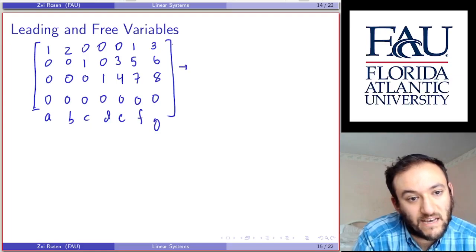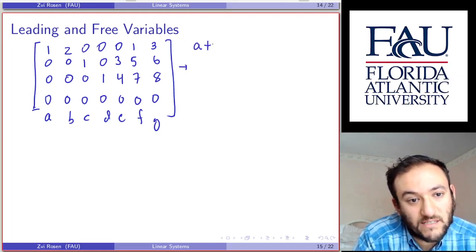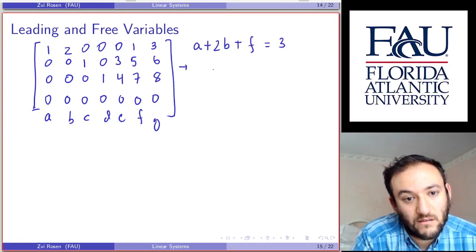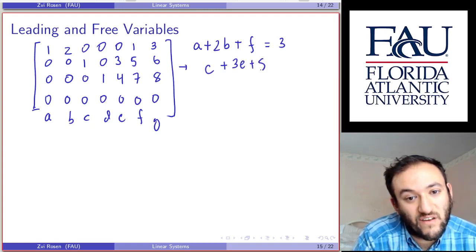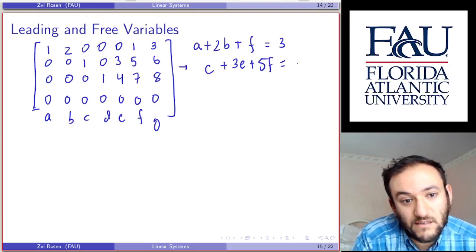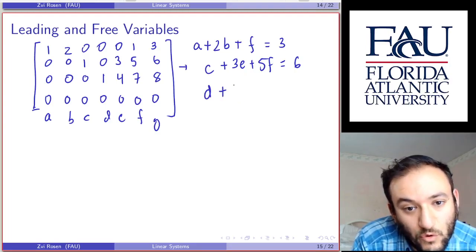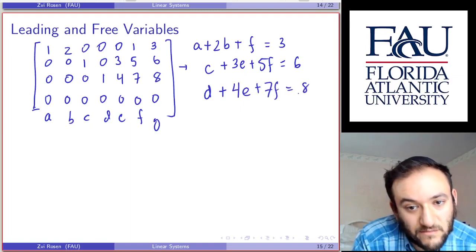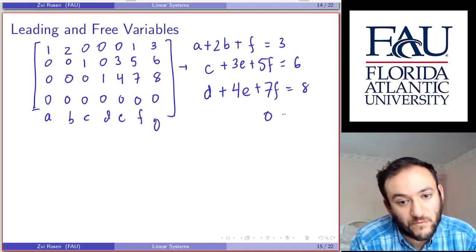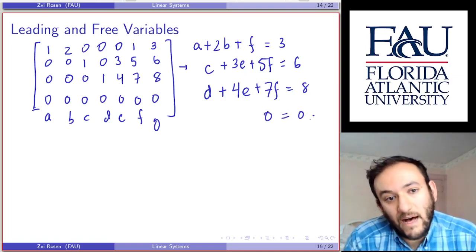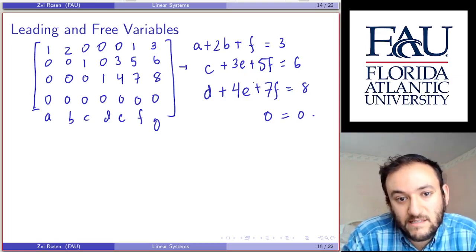If we were to translate this out, we have a plus 2b plus f equals 3, c plus 3e plus 5f equals 6, and d plus 4e plus 7f equals 8. And then we have 0 equals 0 at the bottom. We can kind of ignore that.